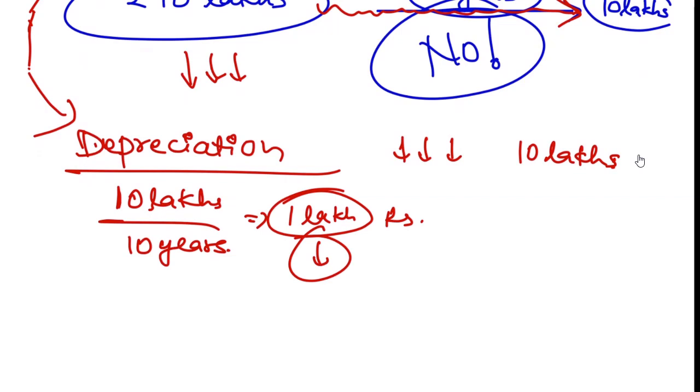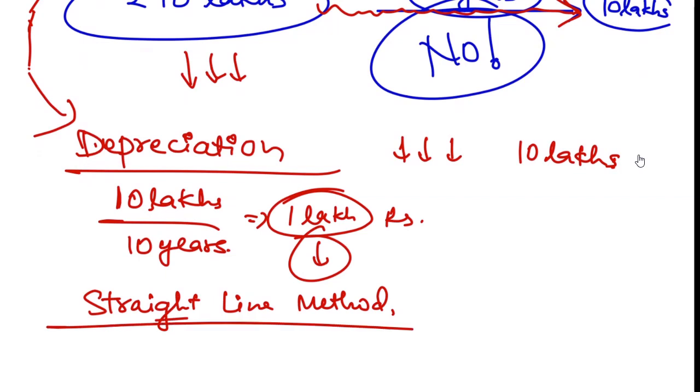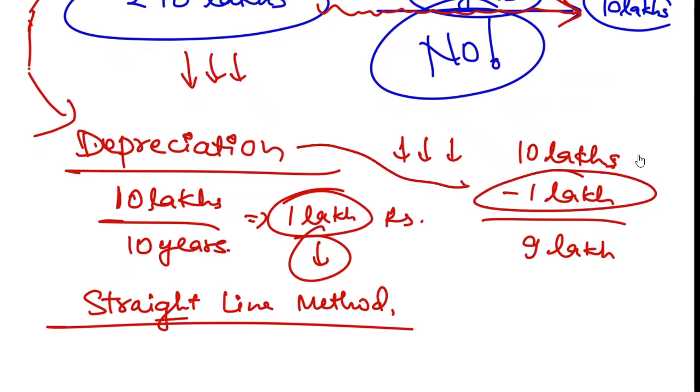This is one method of depreciation which is called the straight line method. So after 1 year, the balance of the bike would be 9 lakh. 1 lakh would be charged as depreciation.